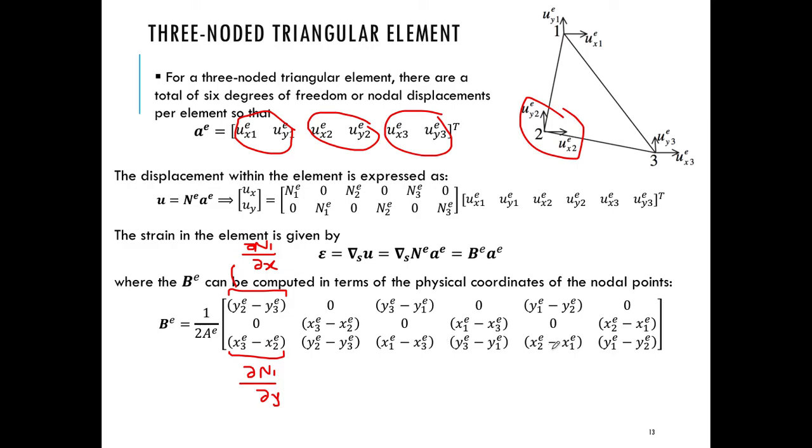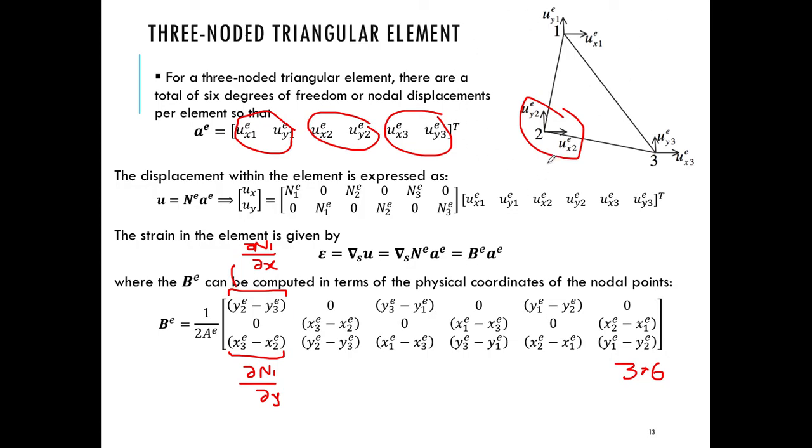Now let's just do a sanity check. As we had just seen, this is a rank of 3 by how many? It should be 2 times the number of nodes, because each node has 2 degrees of freedom. So 1, 2, 3, 4, 5, 6: indeed a 3 by 6 matrix for our three-noded triangular element.